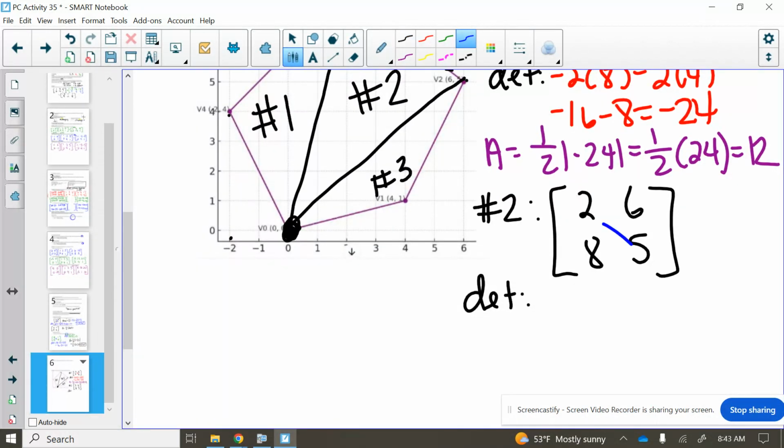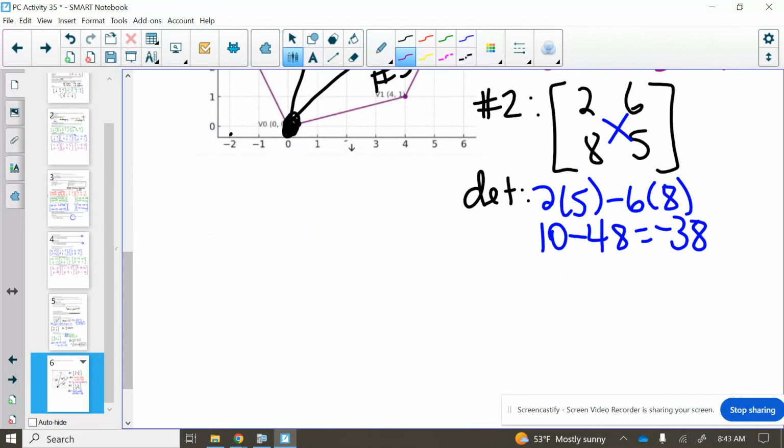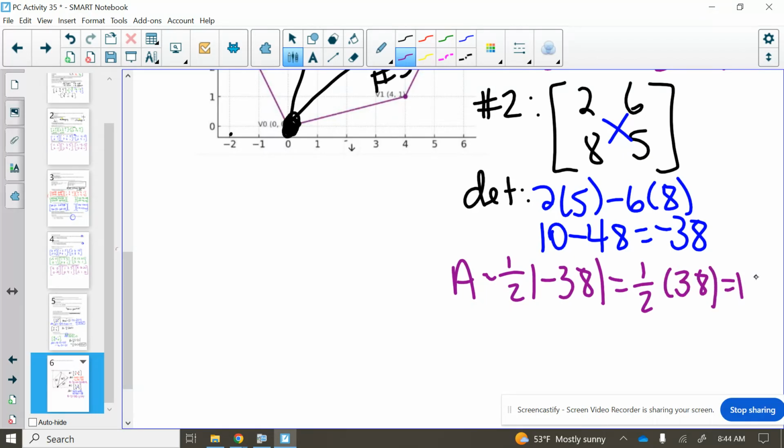This time, 2 times 5, minus 8 times 6, leaves us with 10 minus 48. So -38 is the determinant. Overall area then, 1/2 the absolute value of that. Absolute value of -38 is 38. Half of 38 is 19.